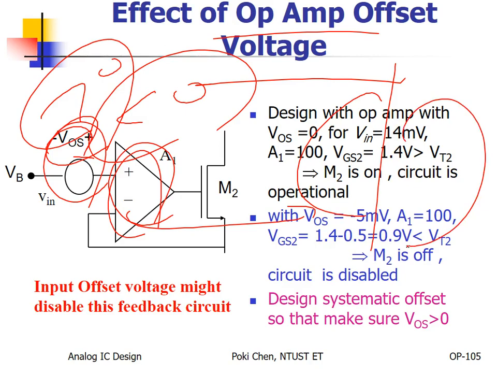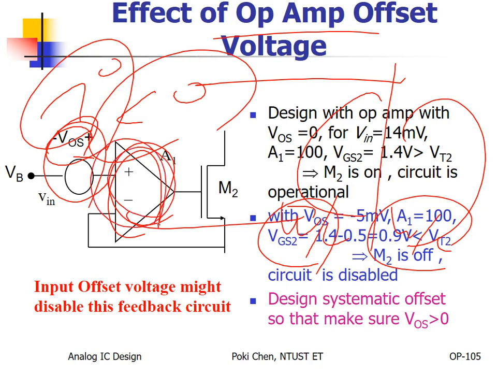You can make the W over L, especially for the differential input pair, for the left or the right larger than the other side. That is the cause for VOS, but also the cure for this problem.